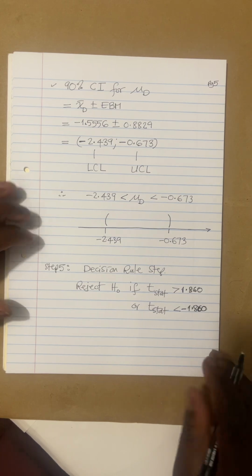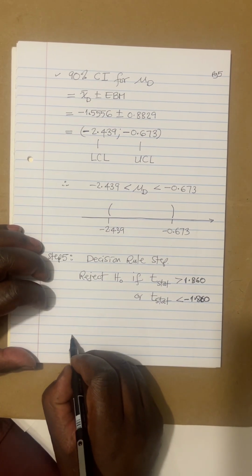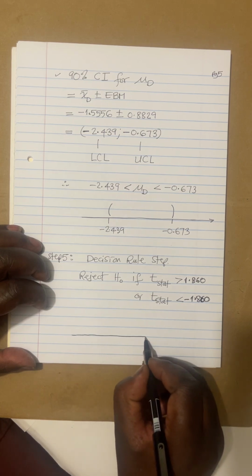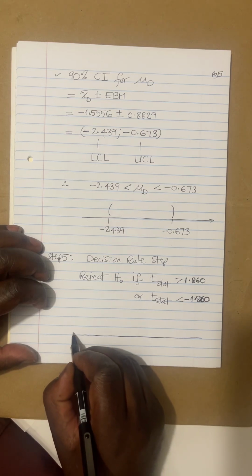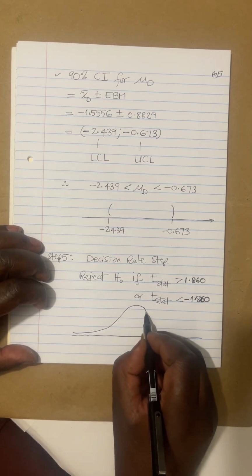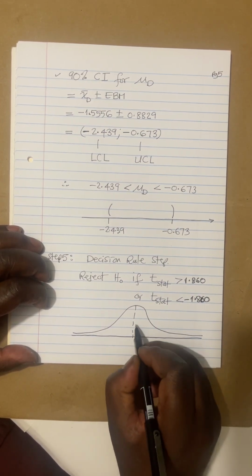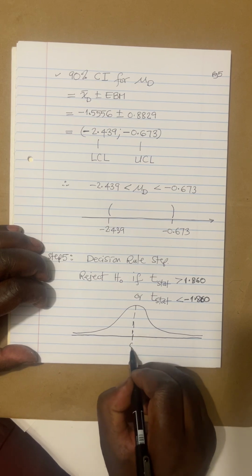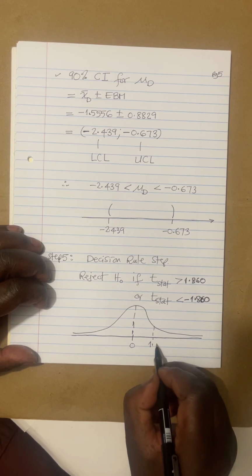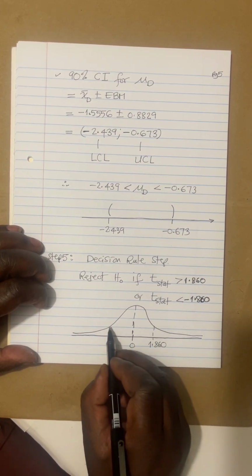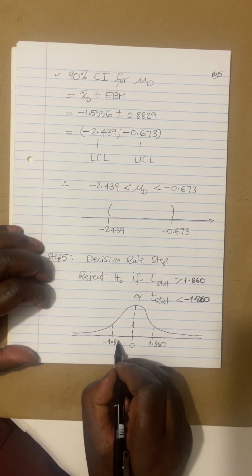Now what does this mean on the distribution curve? Of course we call it the student T distribution, which is basically the normal distribution curve with varying levels of degrees of freedom. So it will look like this. And obviously we know that this is symmetrical about 0, the center there, and we are saying that let's say this is 1.860, and then by symmetry somewhere here we're going to have minus 1.860.